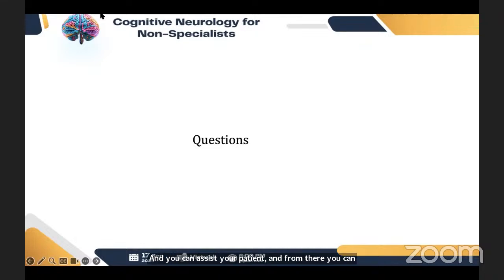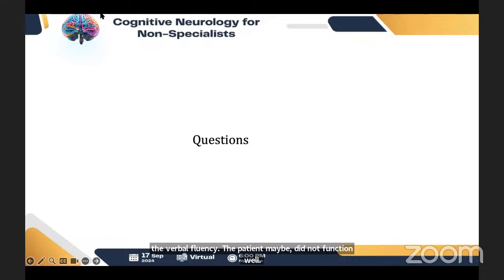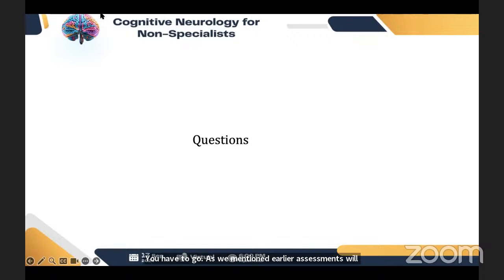Plus, sometimes the score will be presented as within average, but you have an indication, for example the patient did not do well in the verbal fluency or in the memory task. As we mentioned earlier, further assessment will navigate you to where the patient is and what the patient is doing.